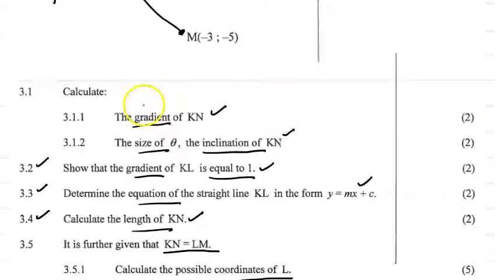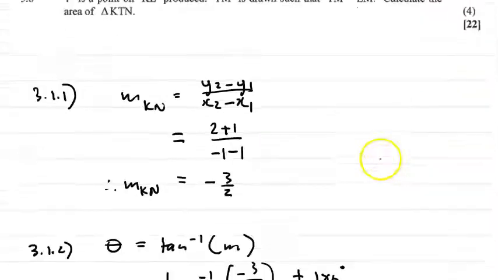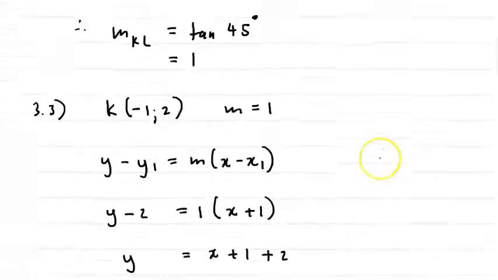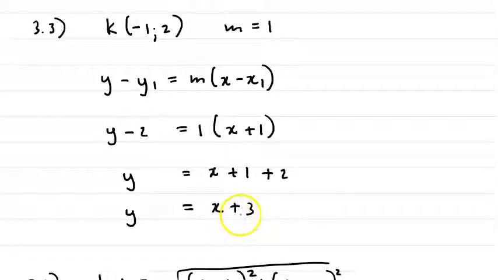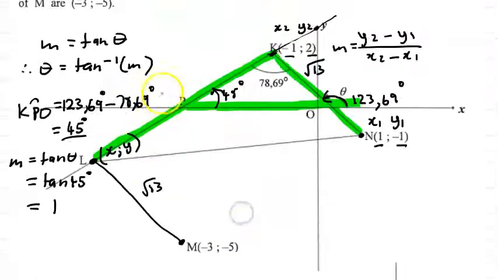Well, if we look at some of the questions that we've calculated already, question 3.3 says determine the equation of the straight line KL in the form y equals mx plus c. And for 3.3, we've got the answer y equals x plus 3.